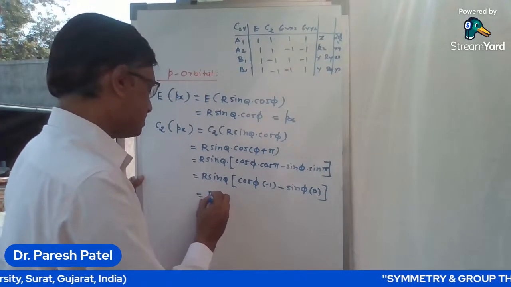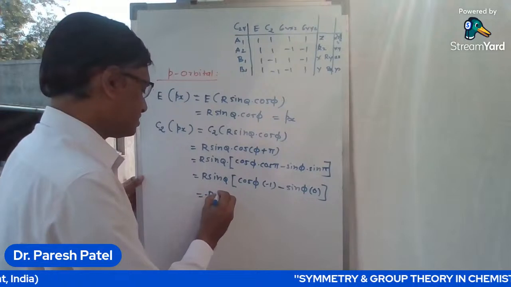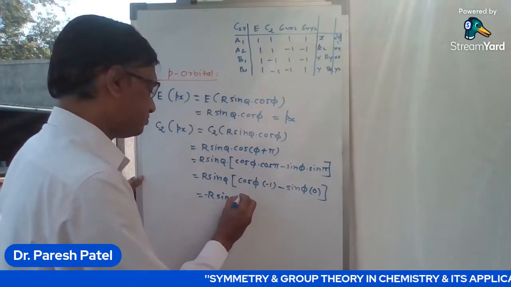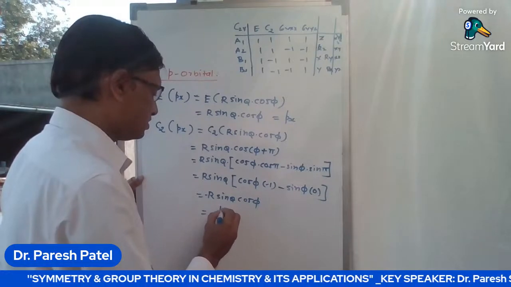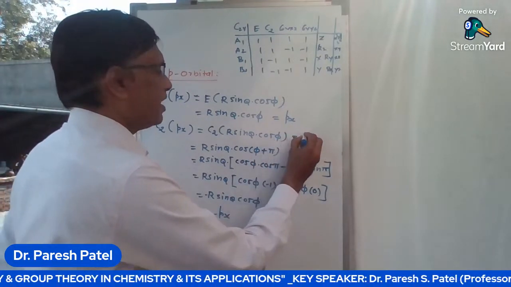So this can be represented as minus r sin theta cos phi, which is equal to minus px. So px becomes minus px.